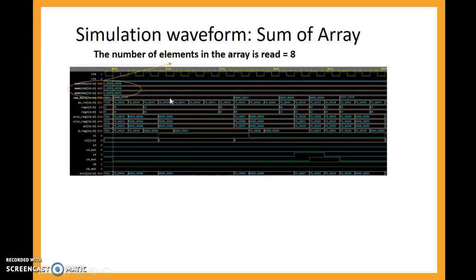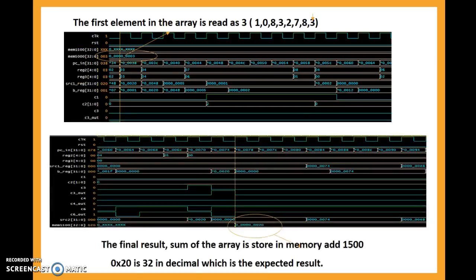As you can see, we have already specified that the number of elements should be in memory address 2000. So in memory address 2000 we have 8, and next we go on to actually reading the array. The first element is read as 3, which is the first element of our array, and the array starts from memory address 5000 and proceeds forward.